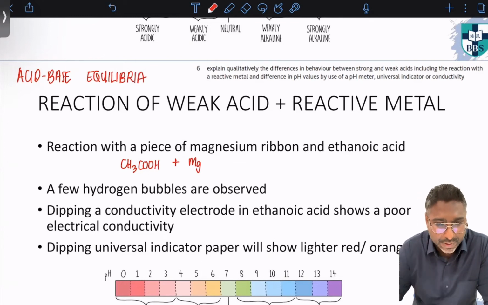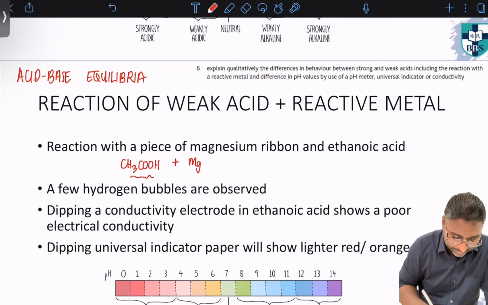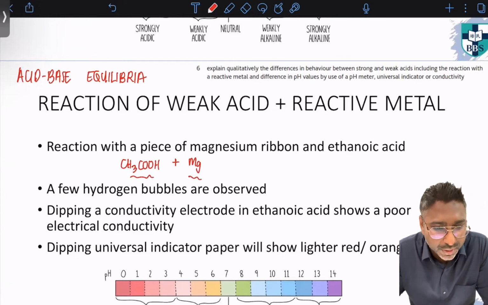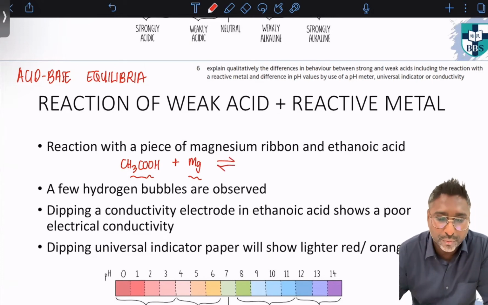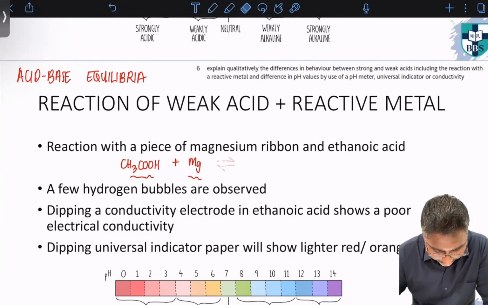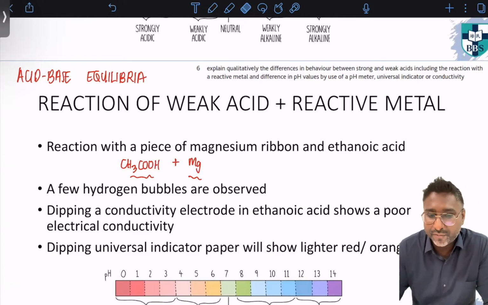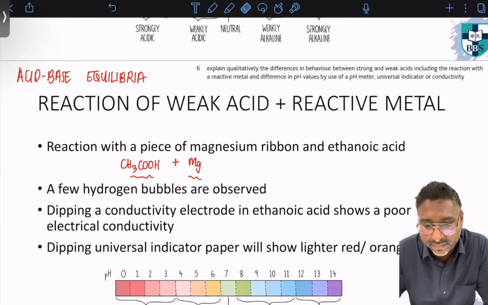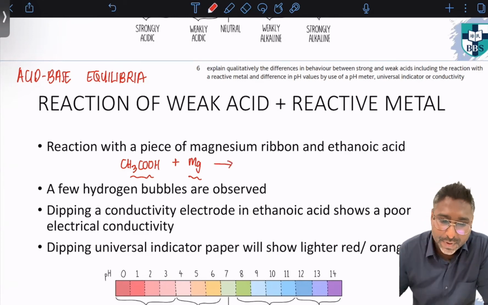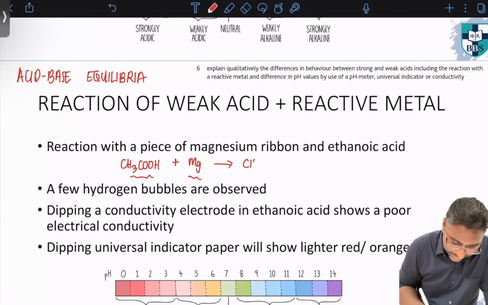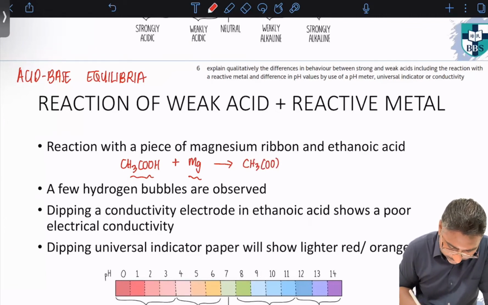So if you are reacting this and metal, you do not need to show that this is a weak acid and show a reversible reaction. No, this is not going to apply, because equilibria is only for acid and base. So therefore it is just like that. You are going to get CH3COO, and again this is going to be 2, then Mg plus H2.